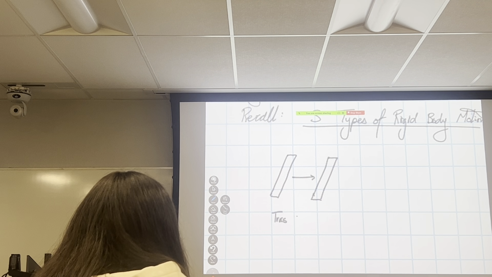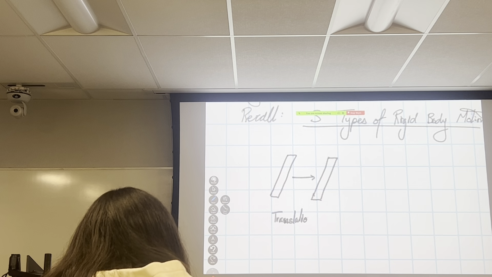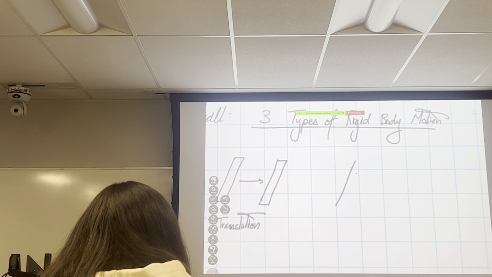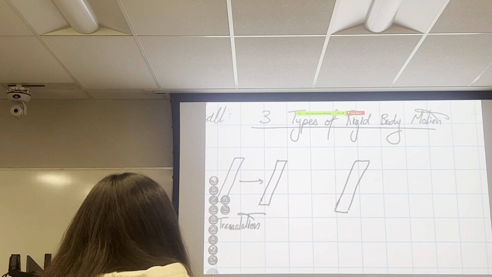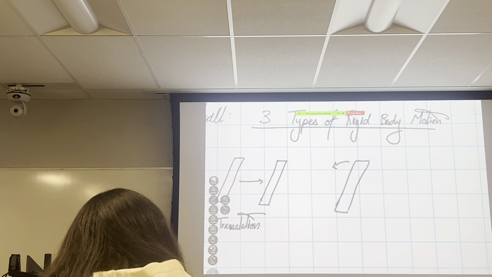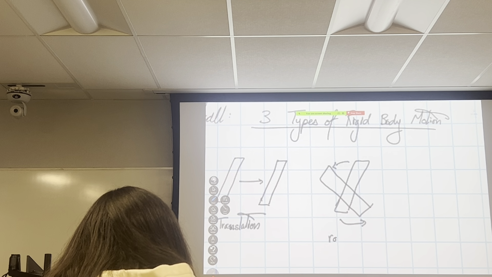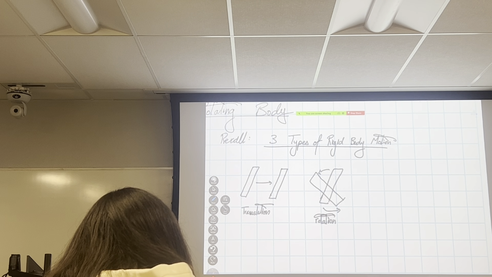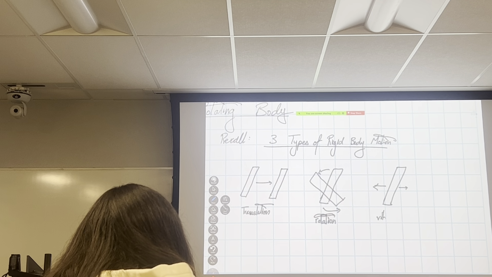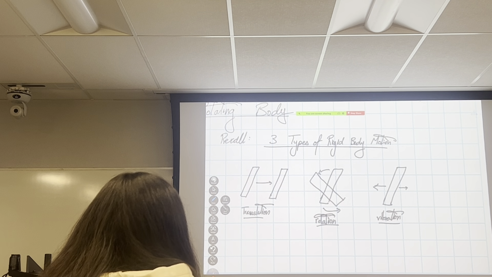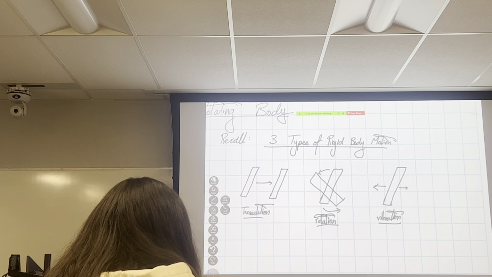This is translation. In the second one, instead of moving to a new location, it moves to a new orientation by pointing in a different direction, and this would be an example of rotation. The last one is what is called vibration, when an object is just oscillating back and forth. Pretty much everything moves in a combination of these three.